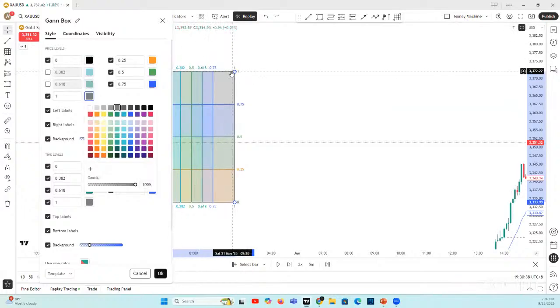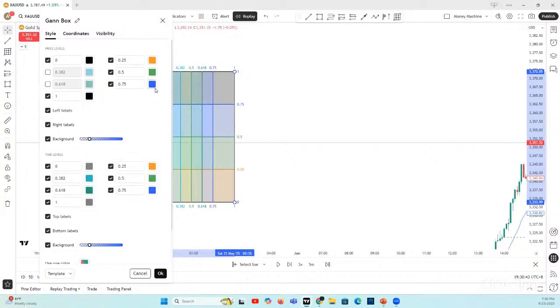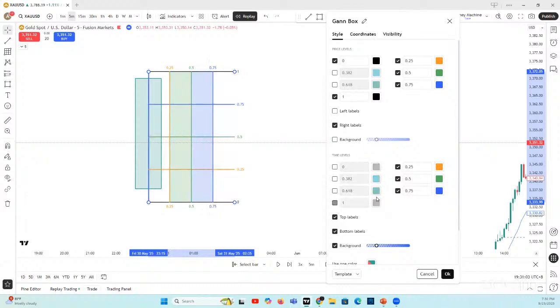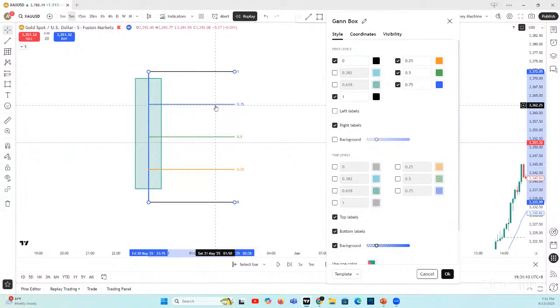The one here, you change it to black, and so on and so forth. Left labels, this one is on the left, this is on the right. If you uncheck left, it will disappear. I leave mine on the right, the background, things like that. Uncheck all this. You don't need this. These time levels there. And now you are left with that. Very easy, right?